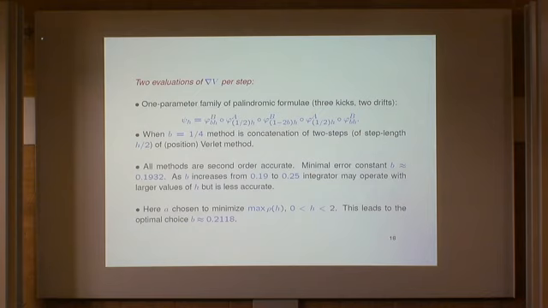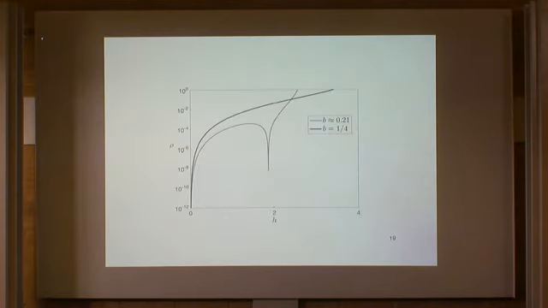What we do is minimize the maximum value of rho between 0 and 2, because we used two evaluations here. This leads to an optimal choice that is 0.21. In the vertical axis, there's this rho that governs stability.